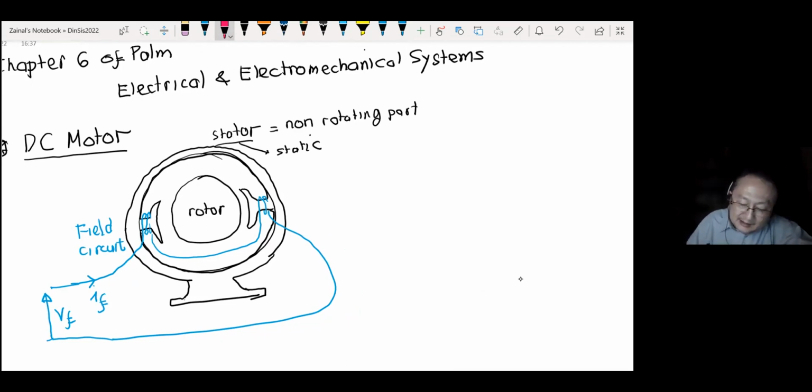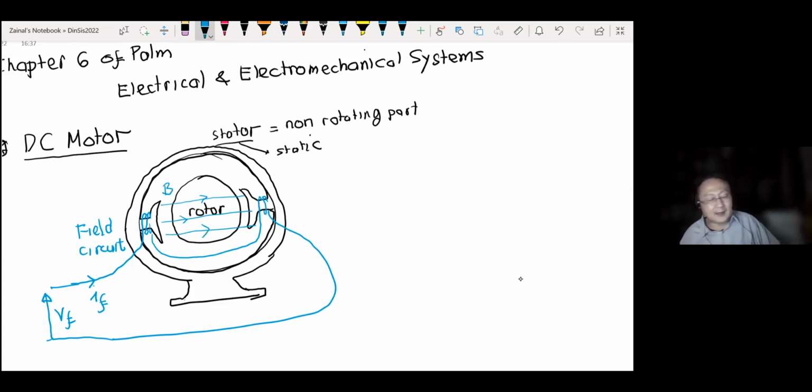From the field, when current moves there, it will make a magnetic field. This one is B. You can also make B using a permanent magnet. That one is called permanent magnet motor. But the general one is not a permanent magnet motor, but wire wound.